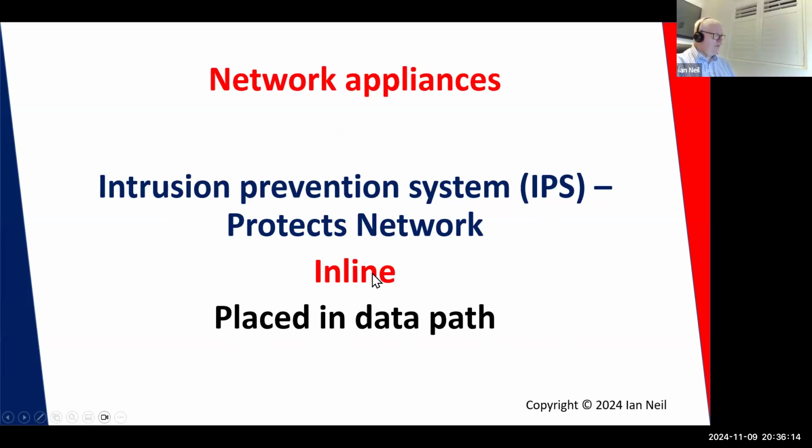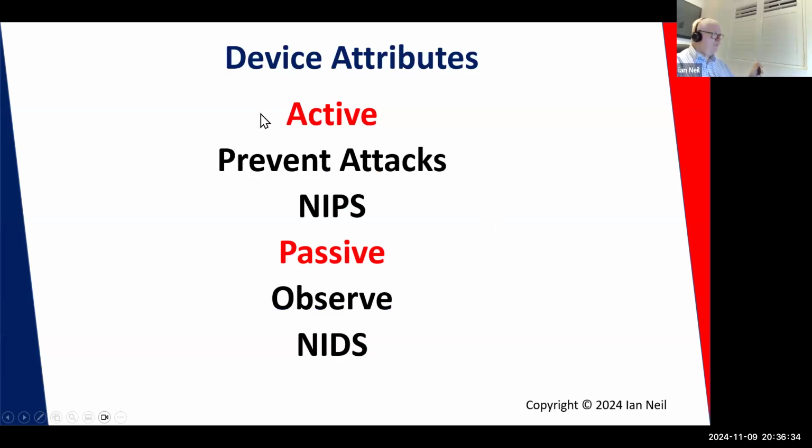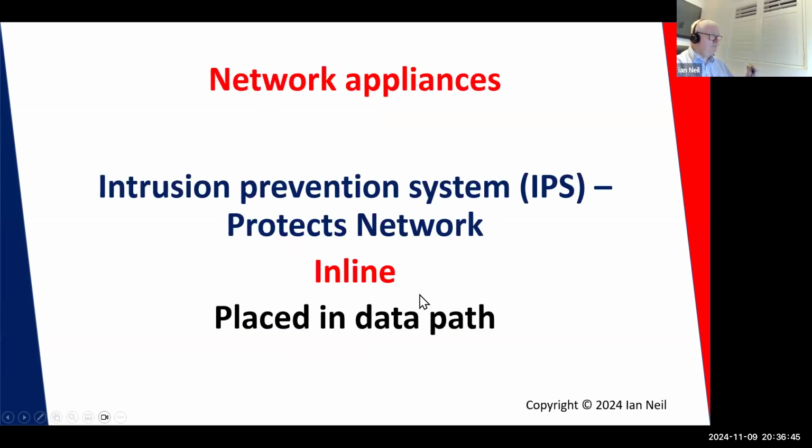And when he's in inline mode, he's placed in front of the data path, so all the traffic is going through him. But please remember, if I get my IPS and I turn them into monitoring mode, he can do the same job as the IDS. Now, active devices that prevent attacks is the NIPS, and the passive one that observes but alerts is the NIDS.